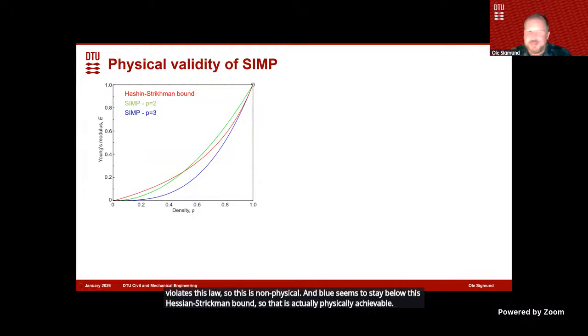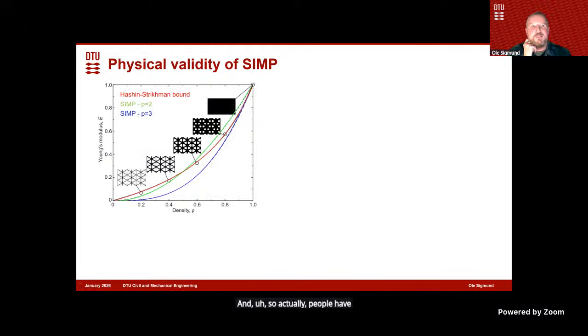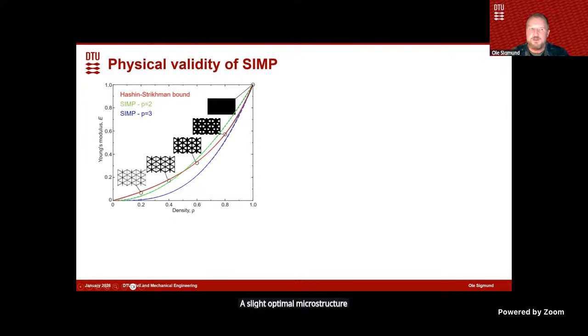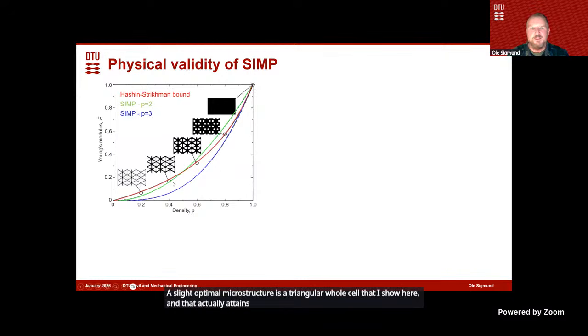And so actually, people have shown that these Hashin-Shtrikman bounds are optimal in the sense that there exist microstructures that achieve them. A slightly suboptimal microstructure is the triangular hole cell that I show here, and that actually attains this curve here.